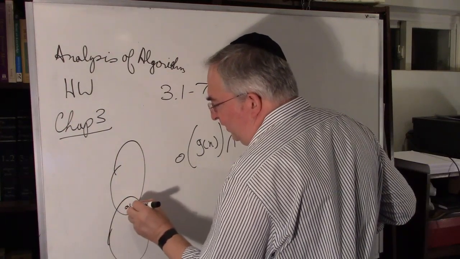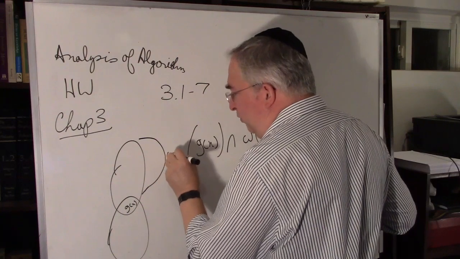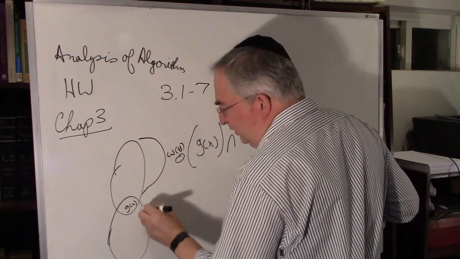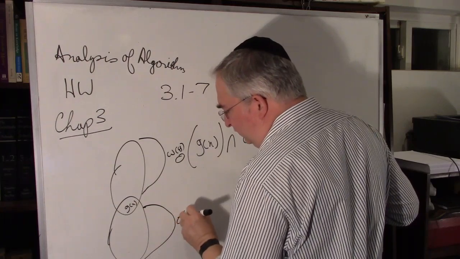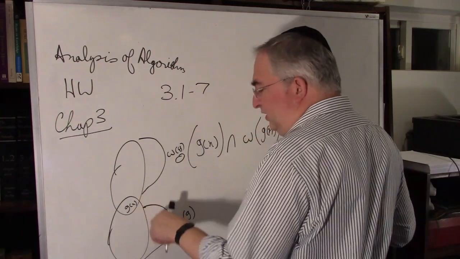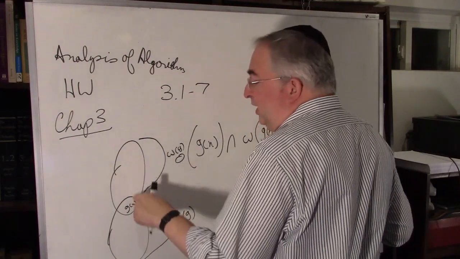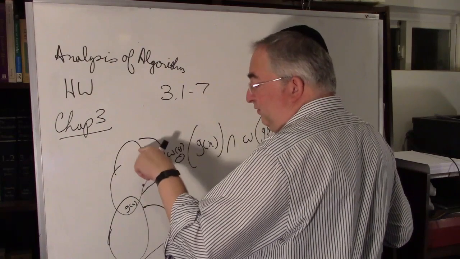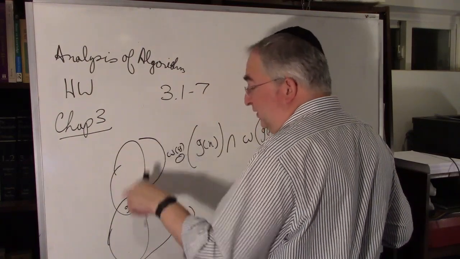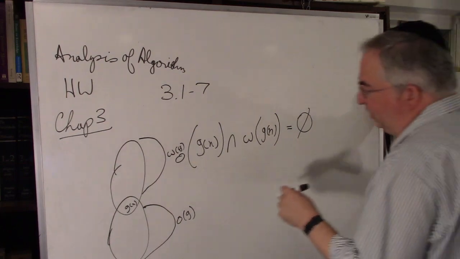This is g of n. This up here is omega of g. This down here is O of g. These are things that grow slower than g. These are things that grow faster than g. These are things that grow the same speed as g. If you're growing slower than g, you're not growing faster, and so the intersection is the empty set.